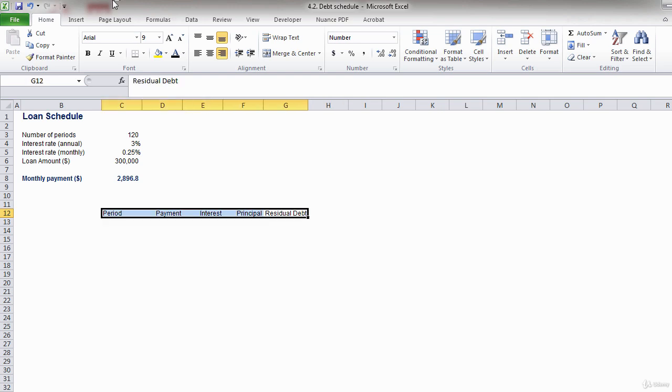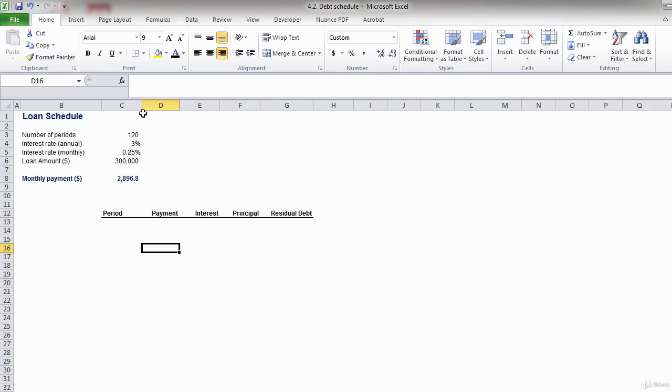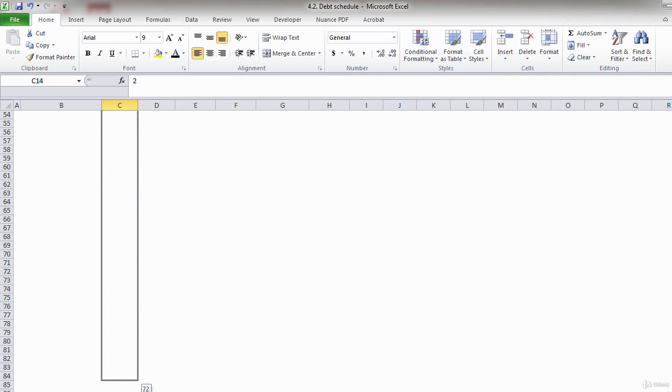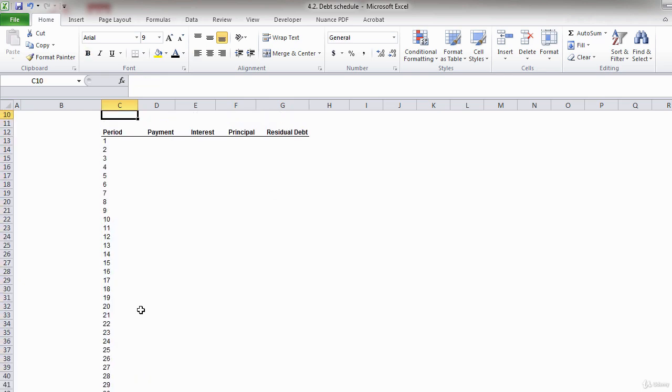We can improve the formatting of the columns a little bit. Okay, that's better. The first column will indicate the number of respective payments, 1, 2, 3, 4, and so on, up to 120.